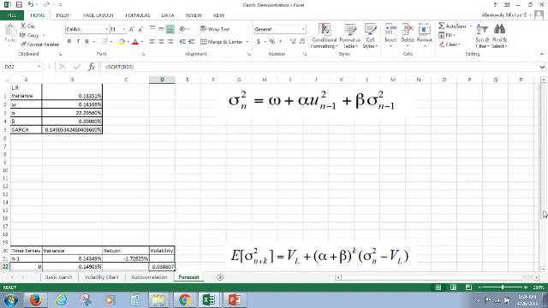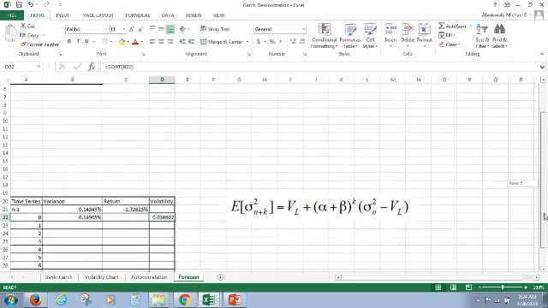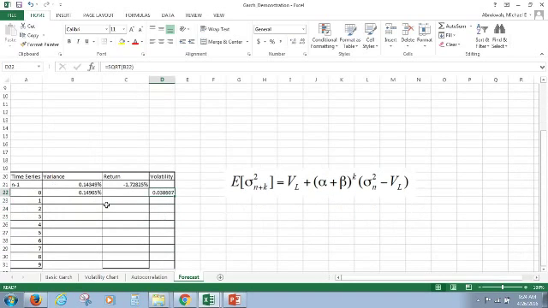Often in time series data, you'll find the volatilities mean revert, or they fall back to the long-term variance. And the greater these two values, the less readily that will happen. In other words, it's more likely to stick with its present variance instead of reverting back to its long-term variance.